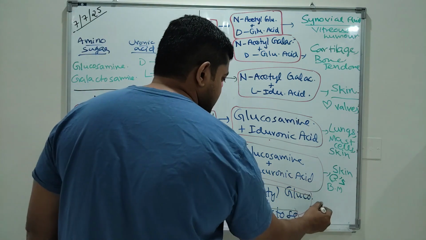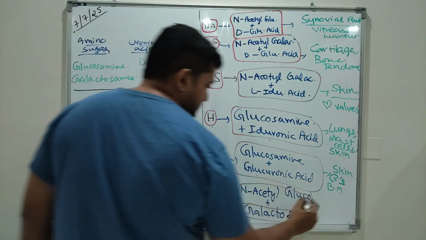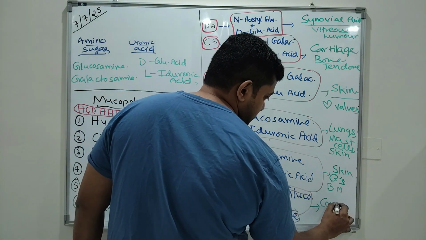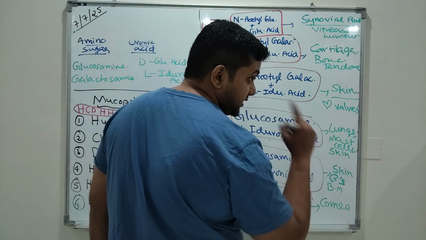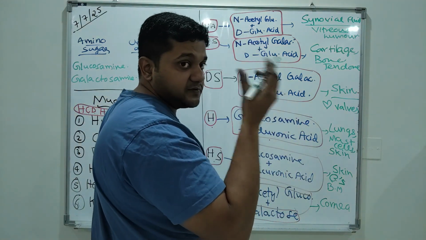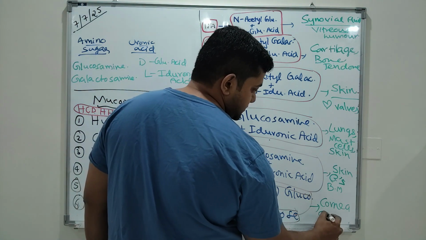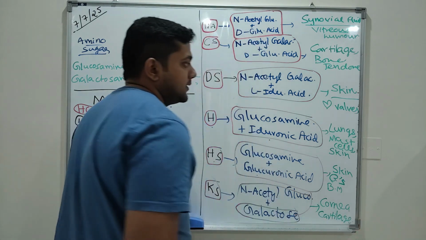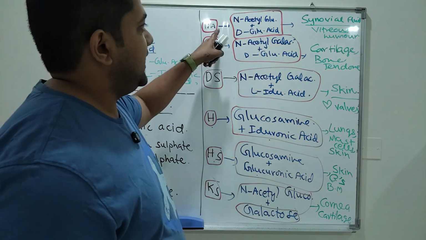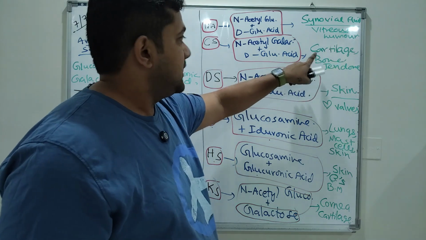Now keratan sulfate is easy from the name itself. Kerato you can imagine is mostly present in the cornea, right? Keratoconus is the bulging of the cornea. So kerato mostly refers to cornea, and it is also present in cartilage. Hyaluronic acid is found in synovial fluid and vitreous humor of the eye.